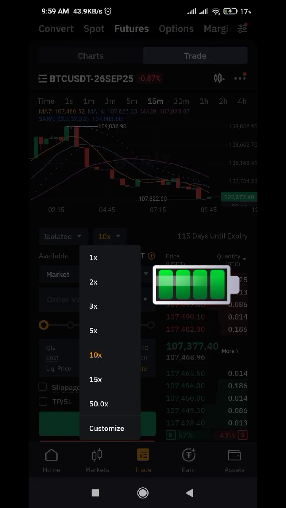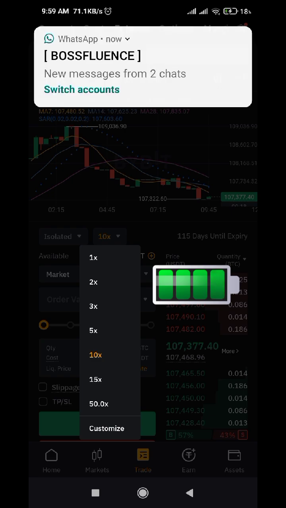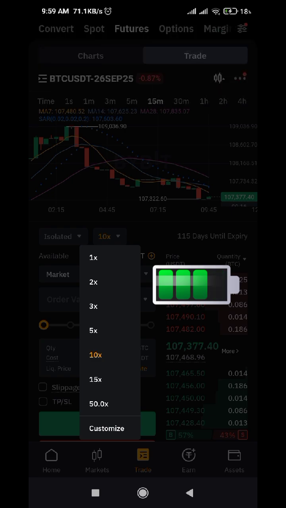Now, what you are trying to do with 10x, these are your leverages, meaning the number of times you want to multiply your profit. If it is 1x, 2x, 3x, we have 10x, for some we have 100x, 200x for BTC. That means you are ready to face the consequences if the trade does not go in your favor.